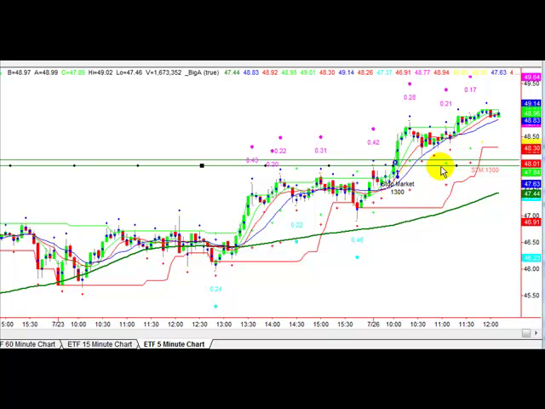We entered this trade at about, let's see, 9:30, 9:35, 9:40, 9:45, 9:50, 55, 60. So right at about 10 o'clock, and now it's 12 o'clock, and we have our stop moved to break even.